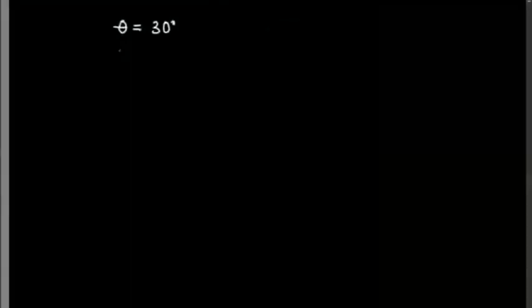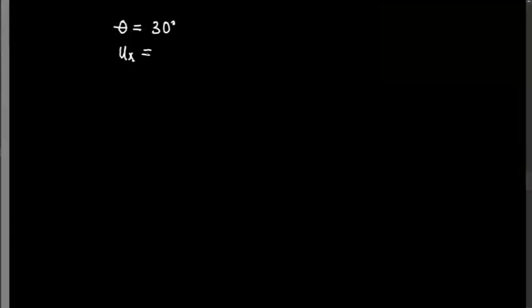Now they said the horizontal component, let's call the horizontal component ux, is equals to what? The horizontal component is 50 meters per second. Are you with me? Now, what are they asking for? They're asking us to find the initial speed. U is equals to initial speed.